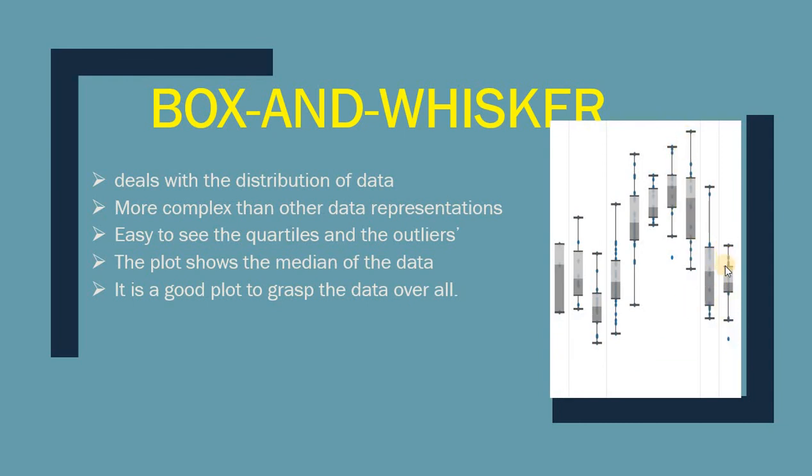For example, for this category, we can see that is the outlier, and this shows the mean, the mean point of the data. We can see what is below the mean and higher than the mean. This shows the quartiles. Using those, we can see how the data is distributed.